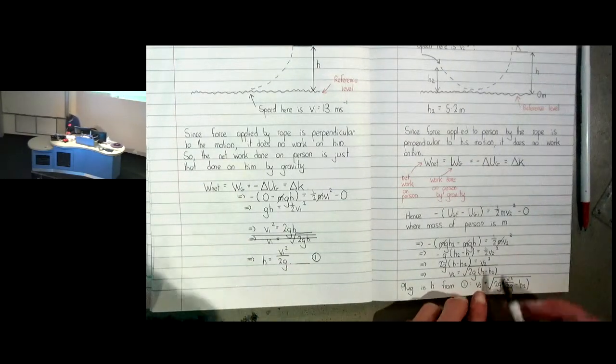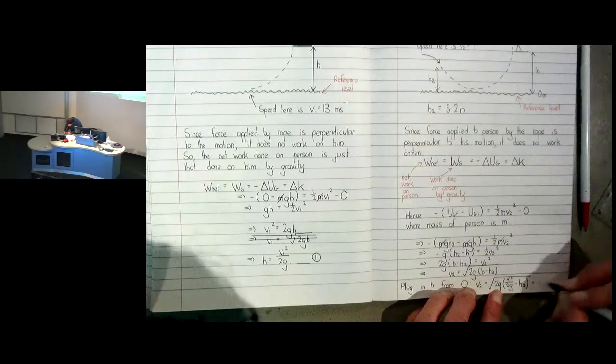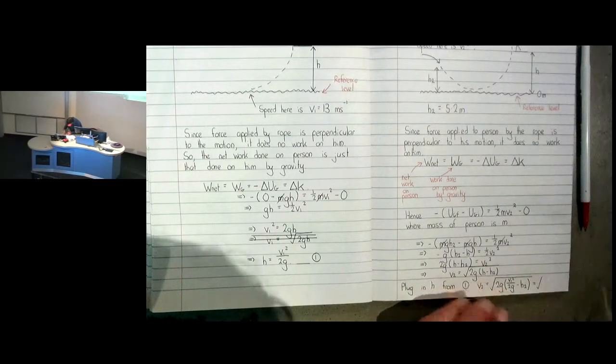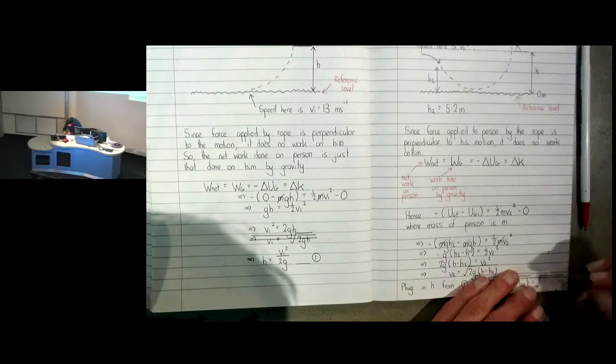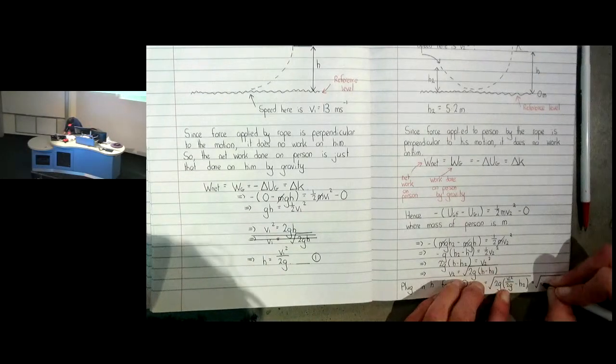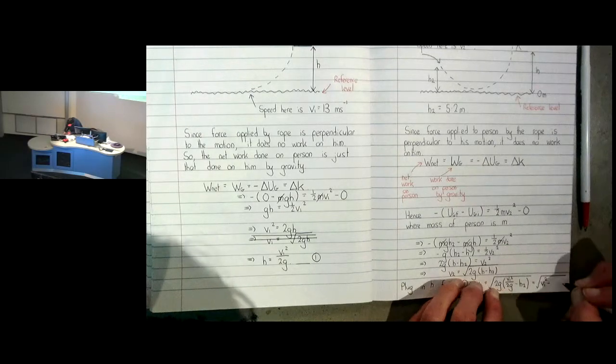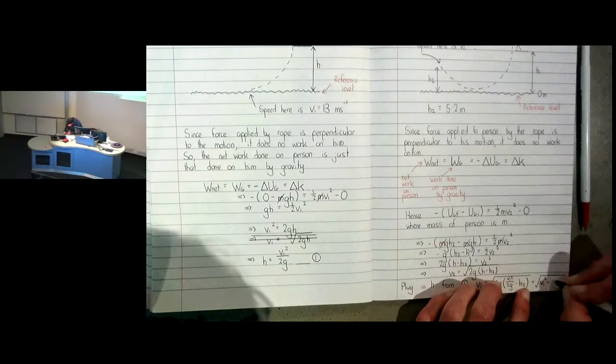And if we expand out these brackets, what we then find is this is going to be the square root of v1 squared, because 2g divided by 2g just gives us 1, minus 2g times h2.